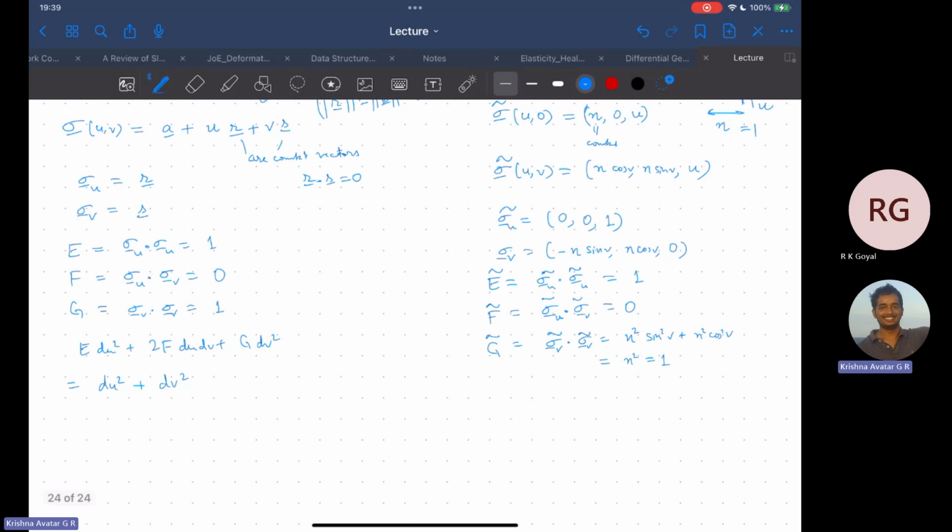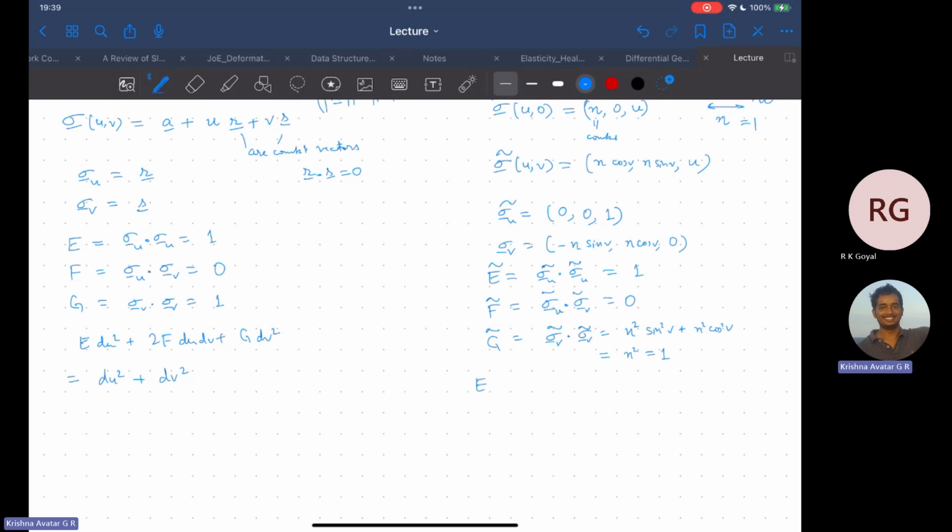So the first fundamental form is E tilde du squared plus 2F tilde du dv plus G tilde dv squared. So this will be equal to du squared plus just dv squared. And we see that they are identically the same.